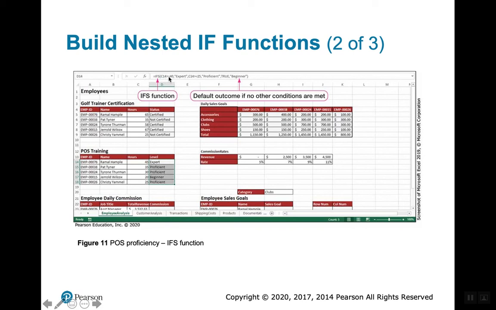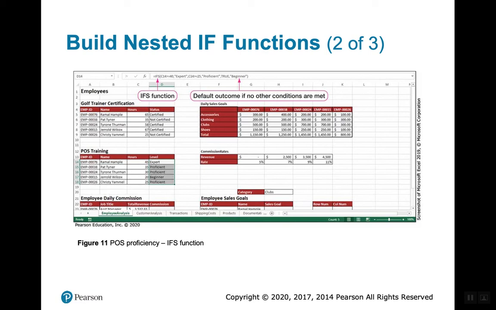So you say if it's greater than 40, we call it an expert. If it's greater than 25, it's proficient, and otherwise it's a beginner. All right. So the sequence of this is really the trick. The logic is, first we're going to see if it's greater than 40.